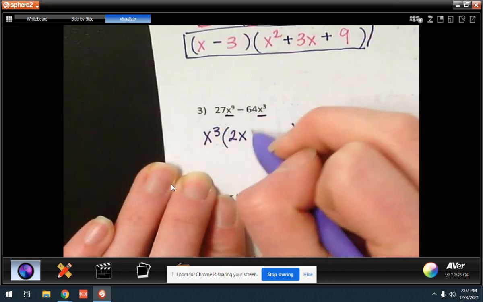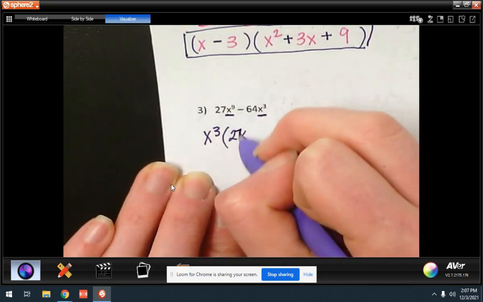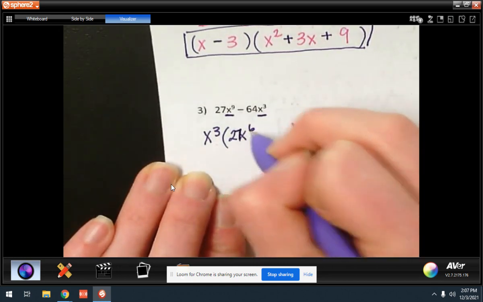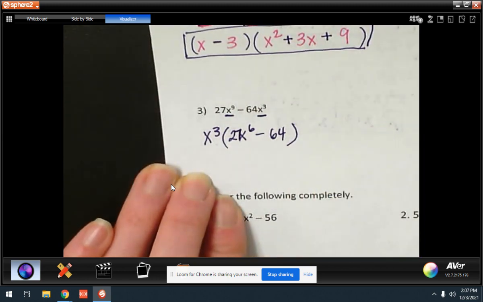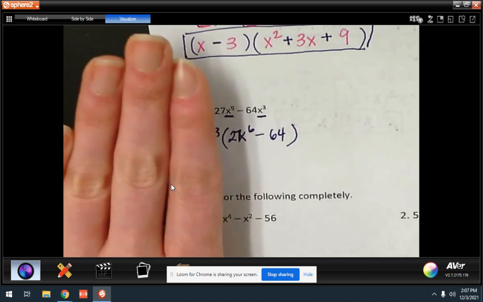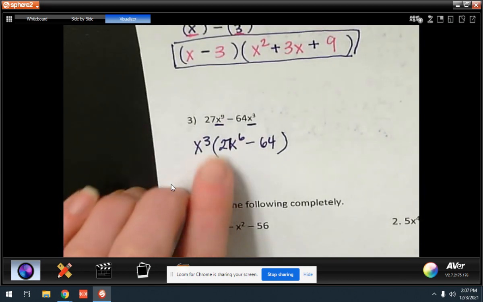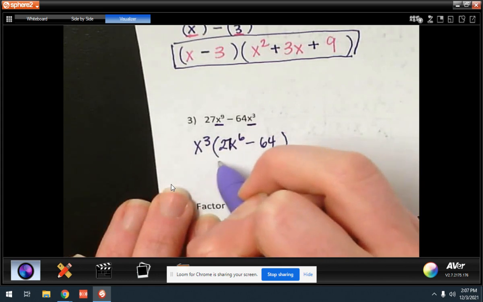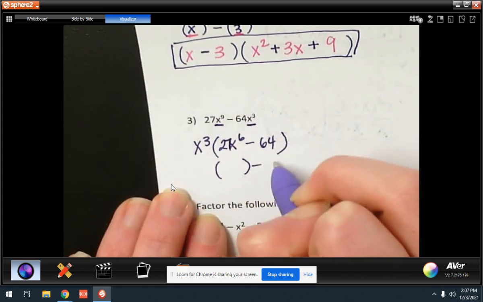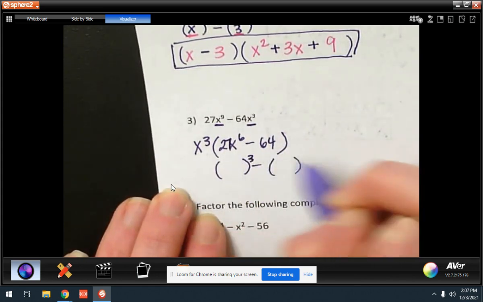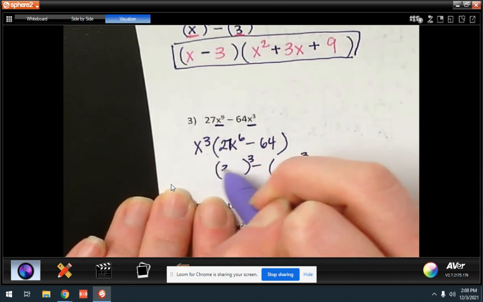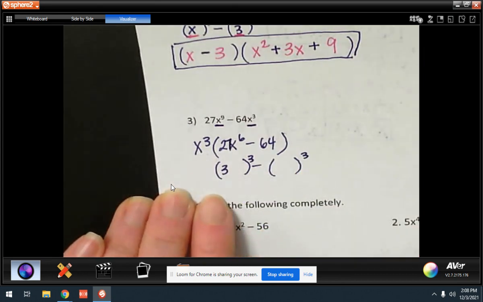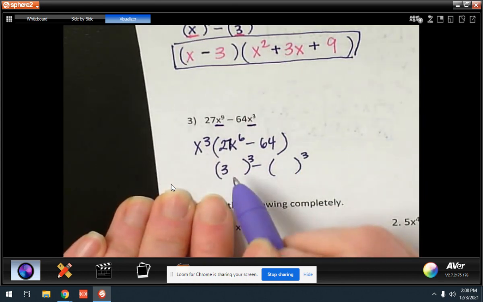So that leaves me with 27x to the 6 minus the 64, because we factored out the x cubed. Leave that x cubed alone. We'll bring him back for the final answer. Looking at 27x to the 6, what is the cube root of 27? And what is the cube root of x to the 6?